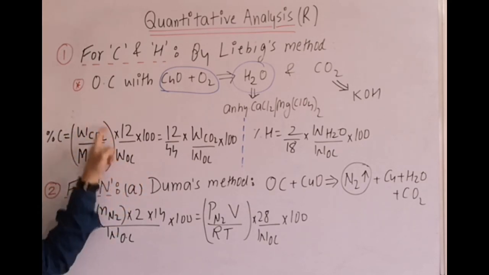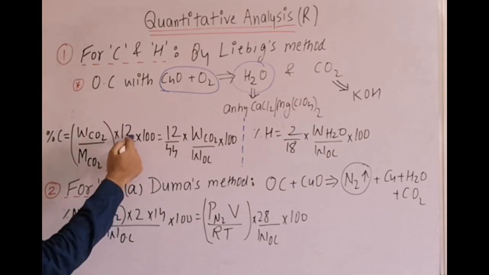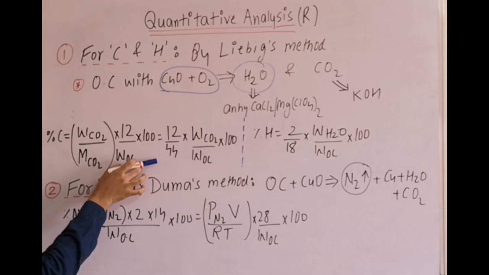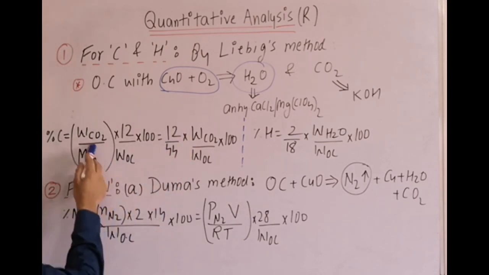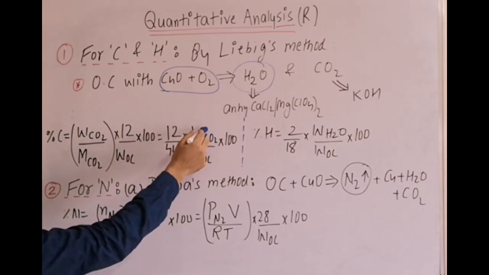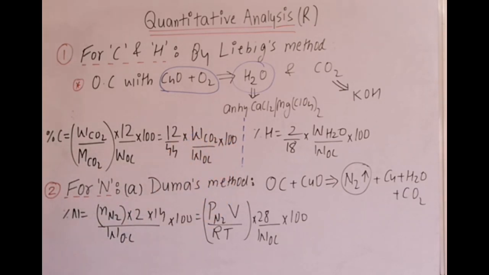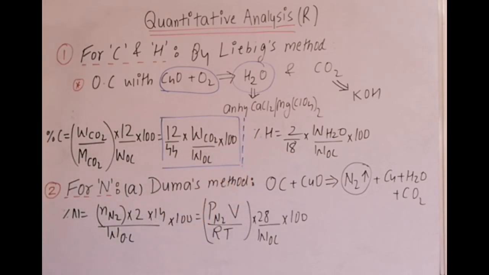So multiply this mole into 12, and this term completely becomes the mass of carbon divided by the mass of the organic compound into 100. The other part is 12 by 44 because it is fixed: 12 upon 44 into the mass of CO2 given in the numerical, divided by the mass of organic compound given in the numerical, into 100. So this is the formula to find the percentage of carbon.